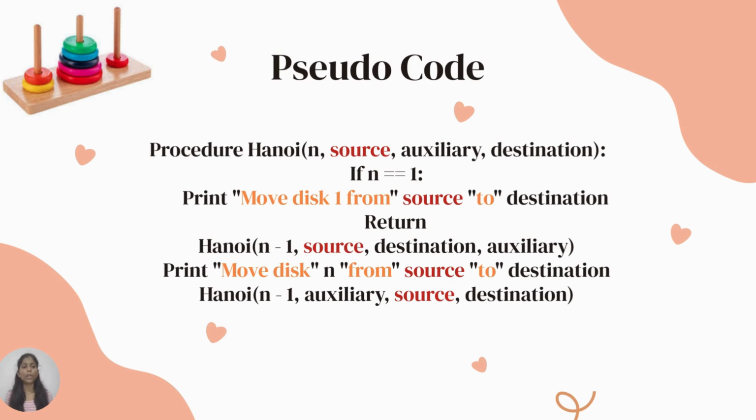Otherwise, we move n minus 1 disks from source to the auxiliary peg, move the last disk to the destination, then move the n minus 1 disks from auxiliary to destination. This structure helps us to solve the puzzle step by step using recursion.